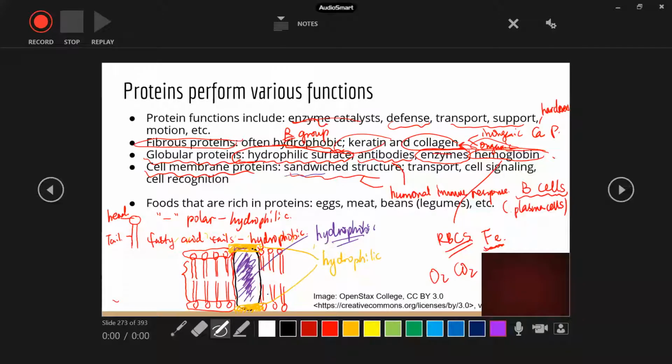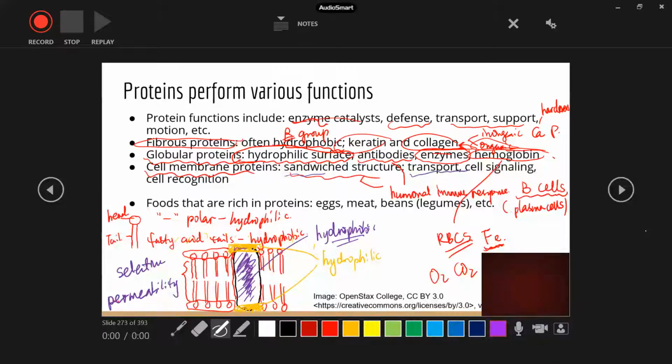These cell membrane proteins perform, again, many functions. For example, they transport. Right? We mentioned earlier that the cell membrane has selective permeability, meaning the cell membrane is permeable only to certain substances, but not others.